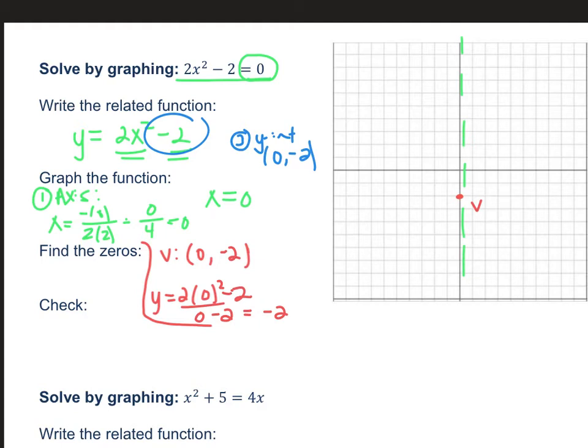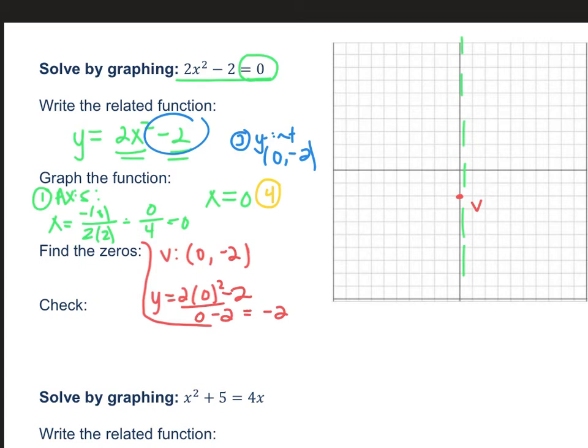So we've got our y-intercept that's already plotted. We can't get any reflection points. I'm going to add in a step 4 right here, just to help us be a little bit more accurate. If you get this situation where your vertex is on the y-axis, in step 4 we are going to create a reflection point.